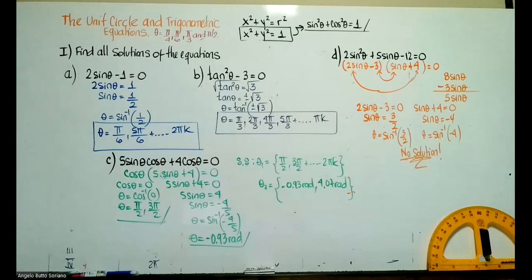But we're going to have a hard time trying to solve equations using sine and cosine values that exceed 1. So basically, every time we have values of sine and cosine that exceed 1, don't worry about it. The answer will be no solution.